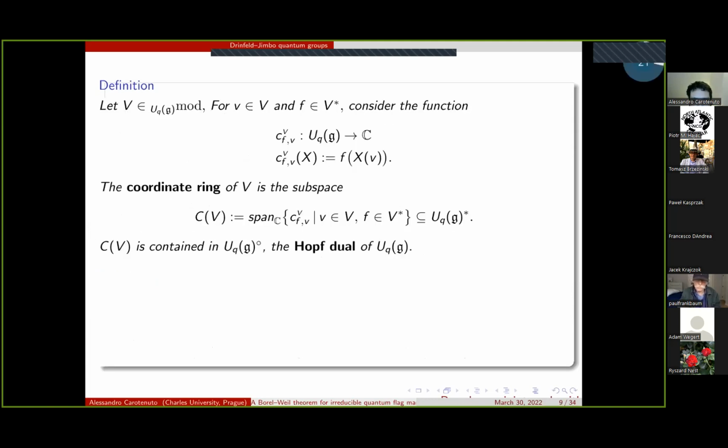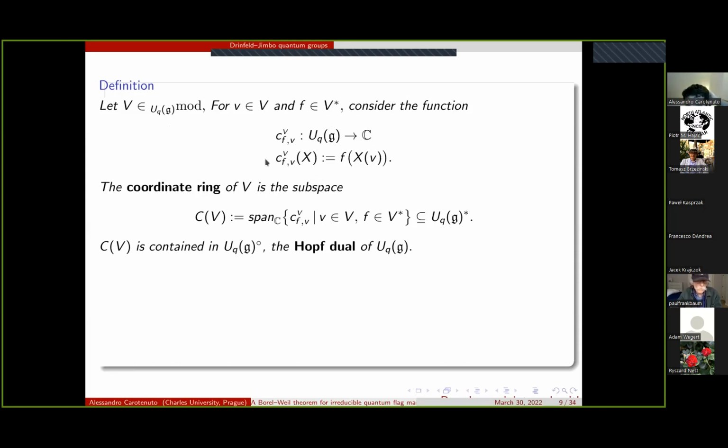So this was to show how to give the quantization of a universal enveloping algebra of a Lie algebra. And now we can build in a dual manner the quantization of the coordinate algebra of the corresponding Lie group. So if V is a U_q(g)-module, a left module over U_q(g), then of course the dual V star is also a U_q(g)-module.